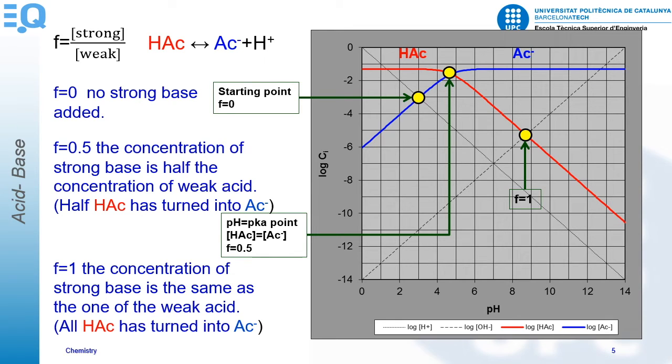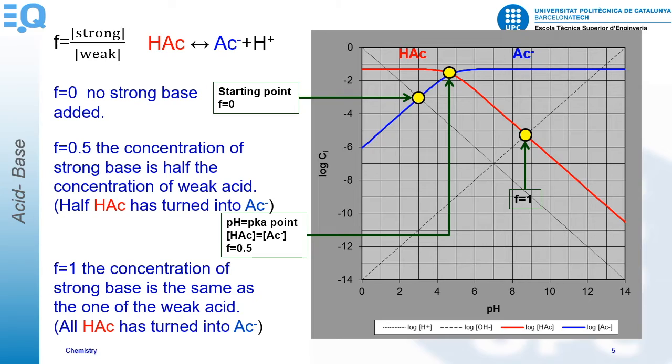If we keep adding strong base, we reach the point F equals 1, where the concentration of strong base is the same as the one of weak acid. Now, all the acetic acid has turned into acetate anion.